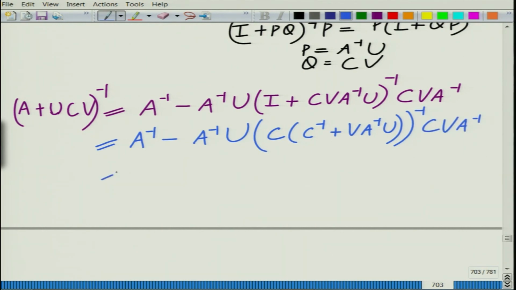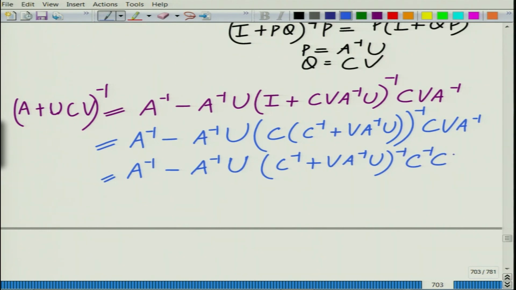Once again use the property that (XY) inverse equals Y inverse times X inverse. So this is A inverse minus A inverse U times (C inverse + VA inverse U) inverse C inverse CVA inverse, and C inverse C is identity.